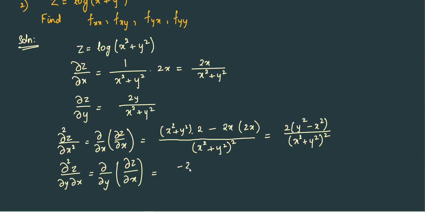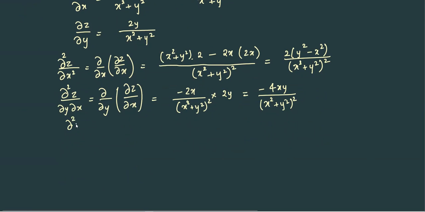You will get minus 2x upon (x² + y²) the whole square, times 2y. So we get minus 4xy upon (x² + y²) the whole square.